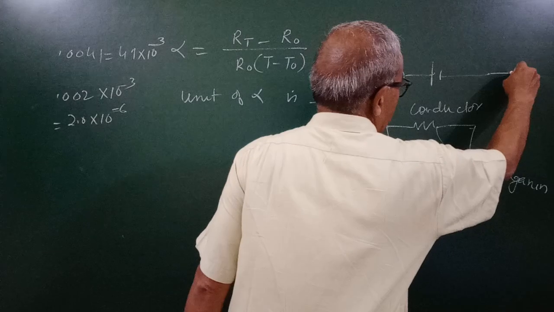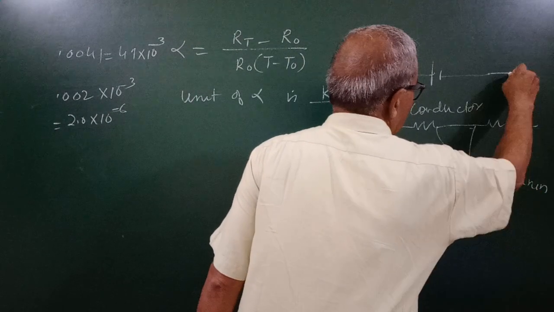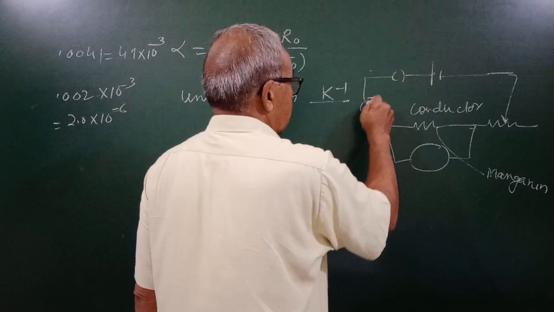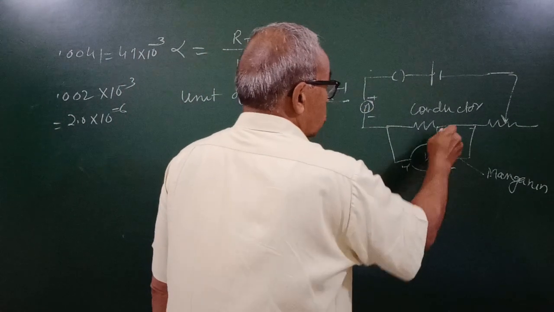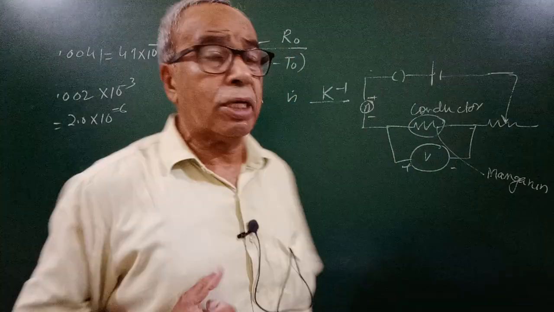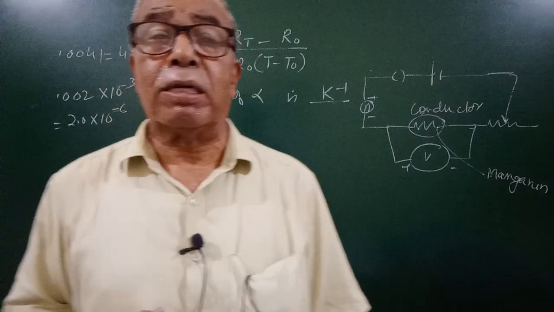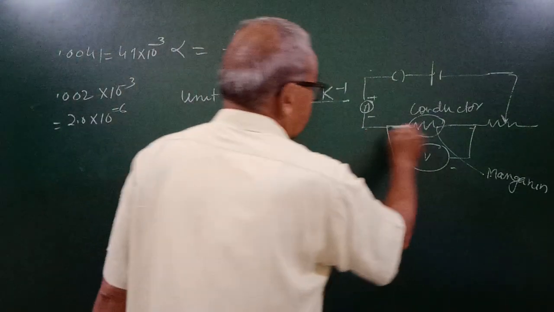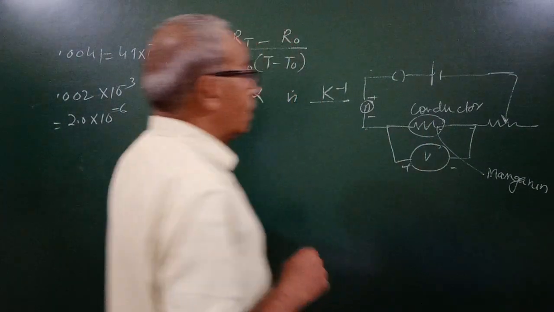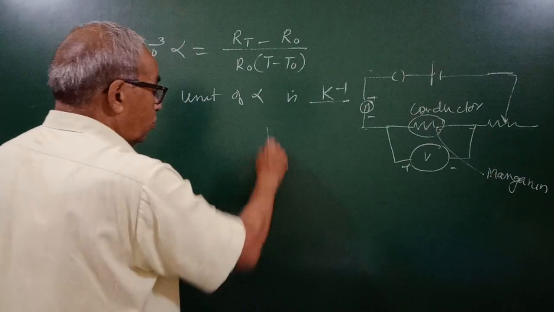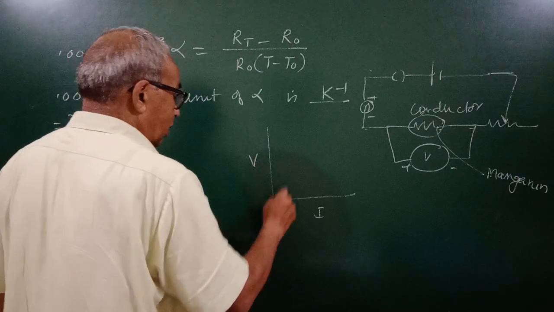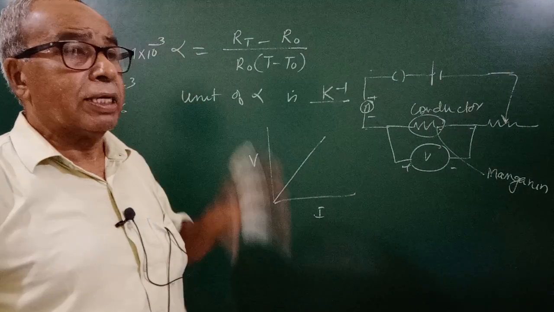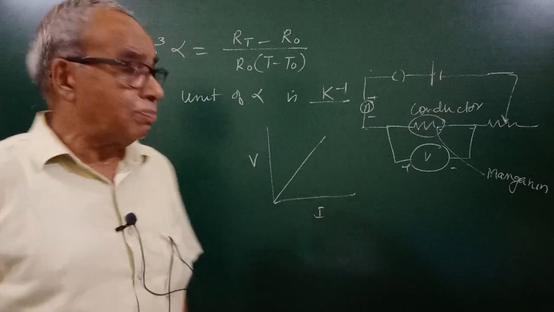We also use manganese in devices like the meter bridge and potentiometer, because when current passes, temperature certainly rises, and then the V upon I graph will not remain a straight line. Our aim is Ohm's law, and ohmic circuits are those in which Ohm's law is valid.